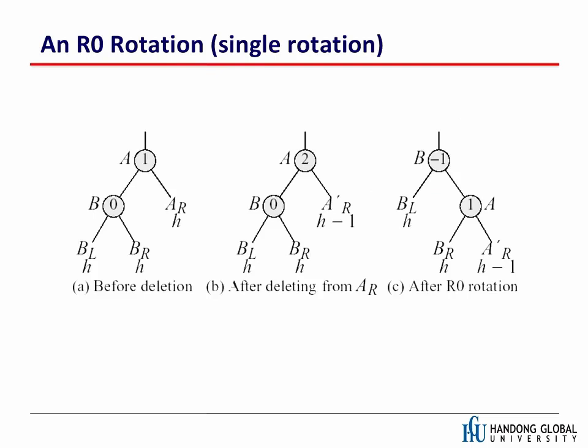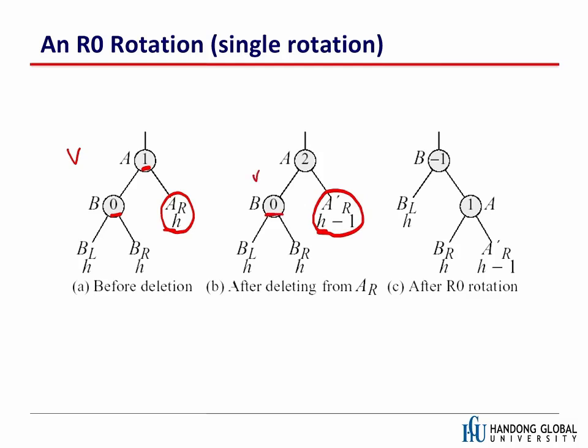First one, the R0 case. Before deletion, our subtree looks like this. We have A, B, and subtrees here, and these numbers are the BF of A and the BF of B. R0 means when we delete one node from here, the height of this subtree becomes H minus 1, decreased from H, and the BF of B is 0.